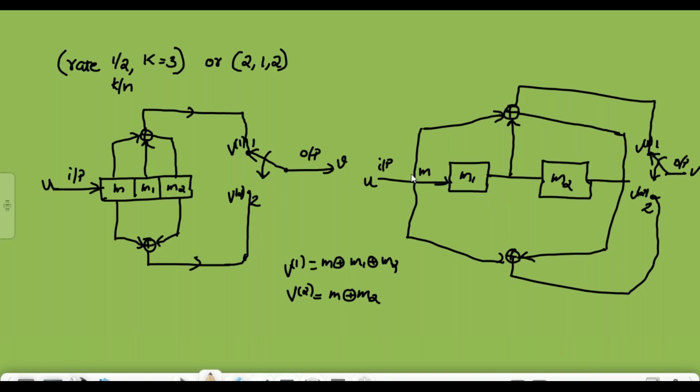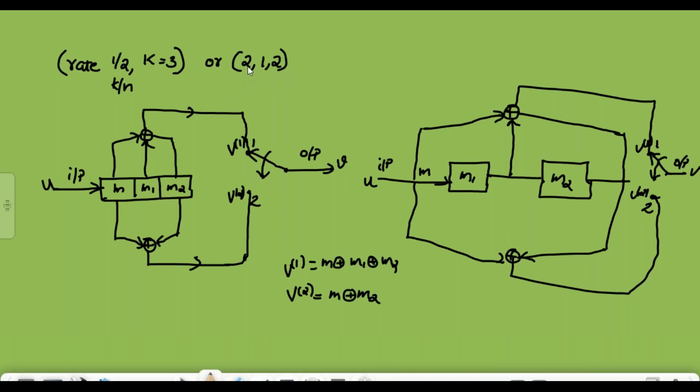Here we can see that the present input is taken outside. Therefore here we will have to represent the encoder in this way. Okay, in the question paper sometimes it will be seen like this, the convolutional 212 encoder.